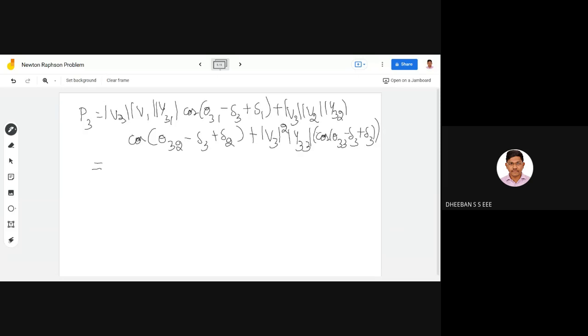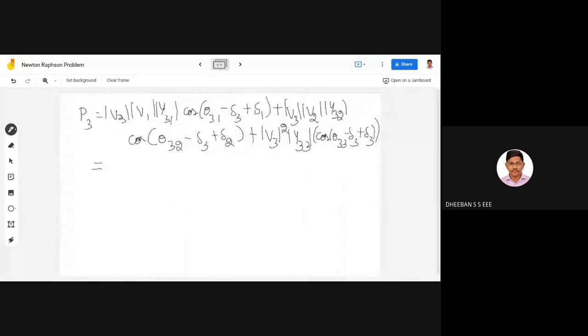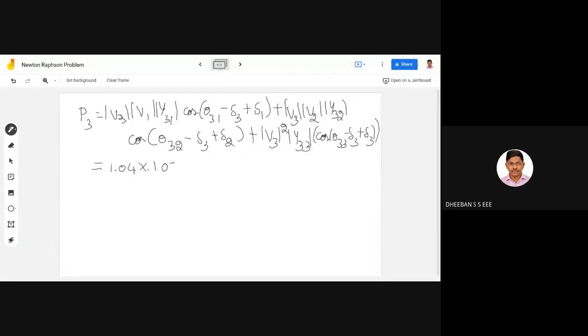So for P3, your V3 value, you take a flat voltage profile. V3 value is given as 1.04, into your V1 value. So V1 value is 1.05, and then Y31.